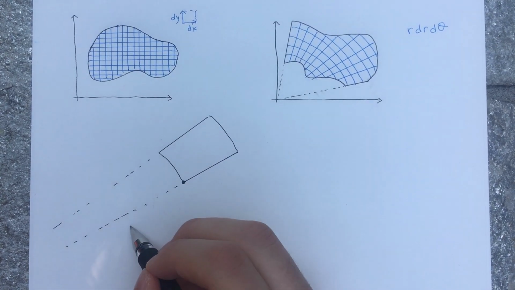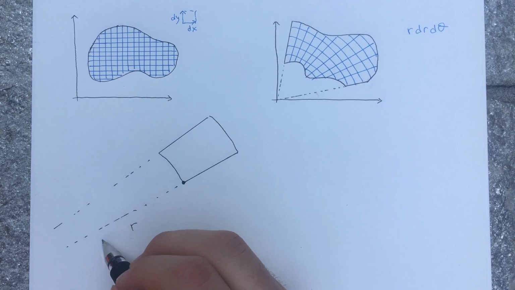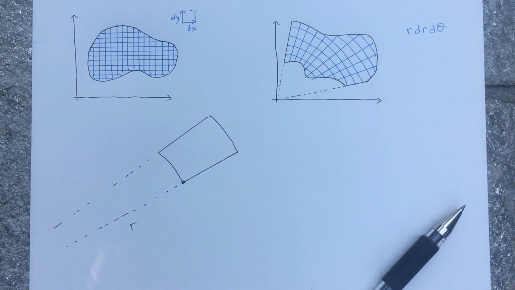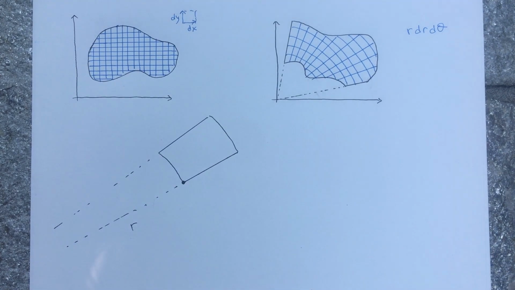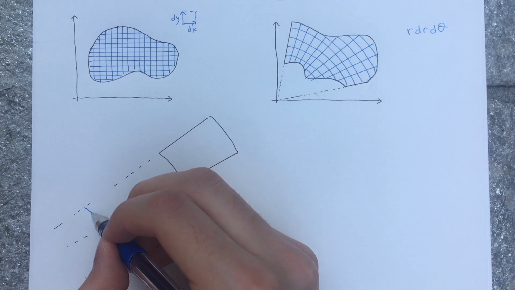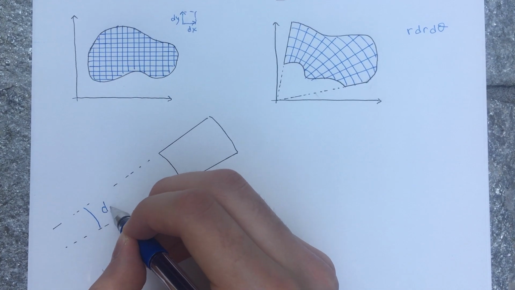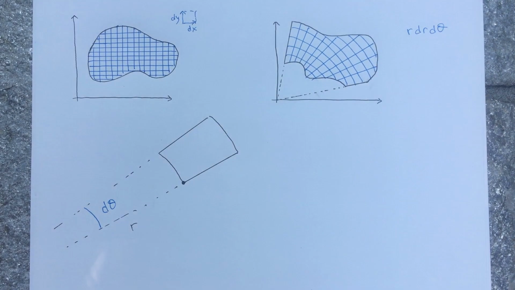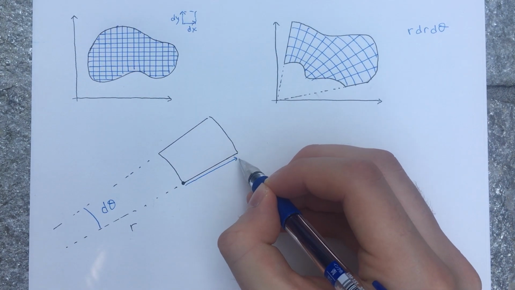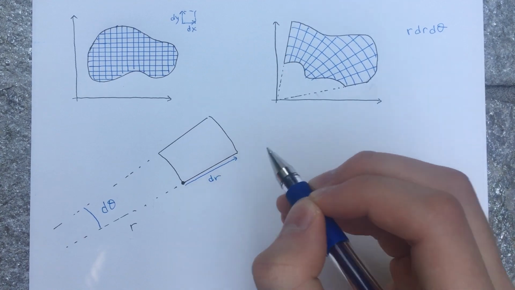This is at a distance r and at an angle theta. And we're going to increase to get to this point right here. We're going to increase this angle by a tiny amount, d theta. And we're also going to move along by a tiny amount, dr.